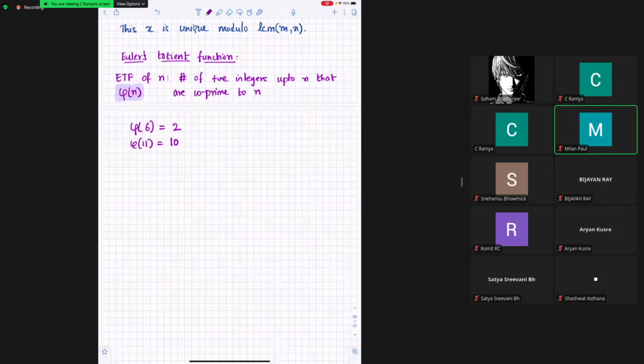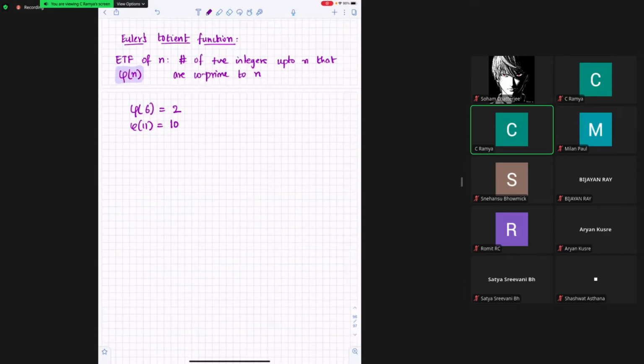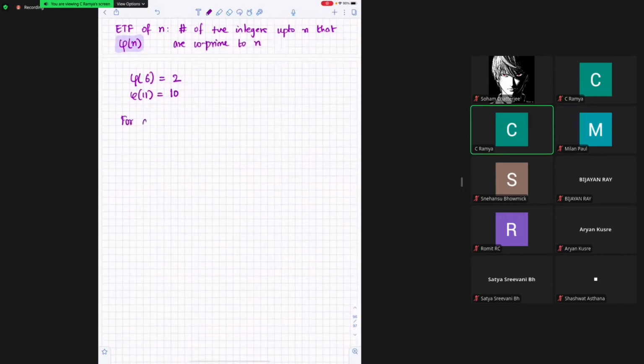So here is a simple exercise. For a prime p, what can we say about phi of p? It will be p minus 1, right? All numbers from 1 to p minus 1 are co-prime to p.